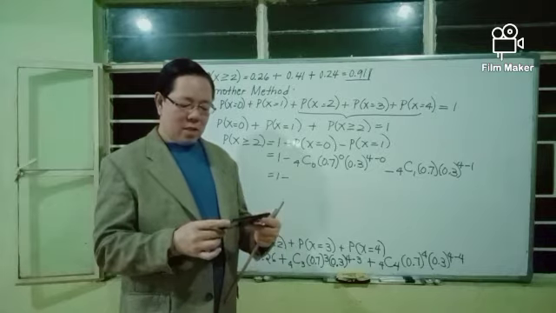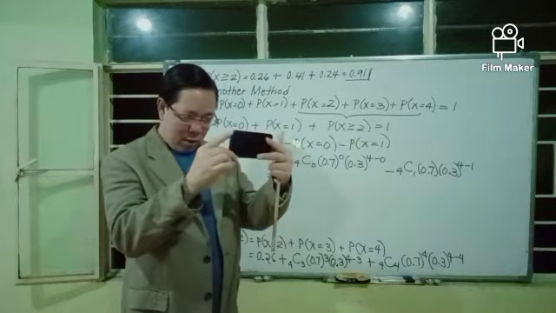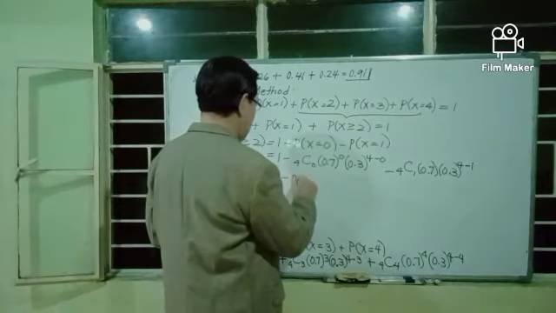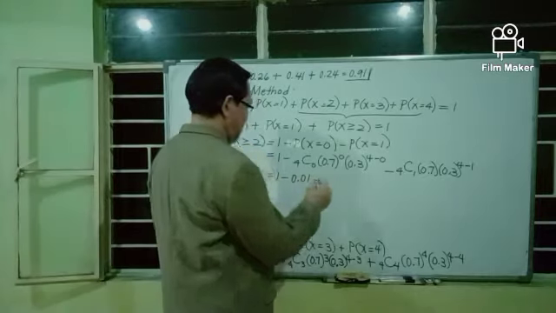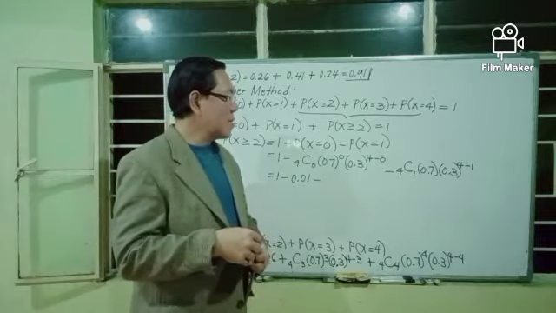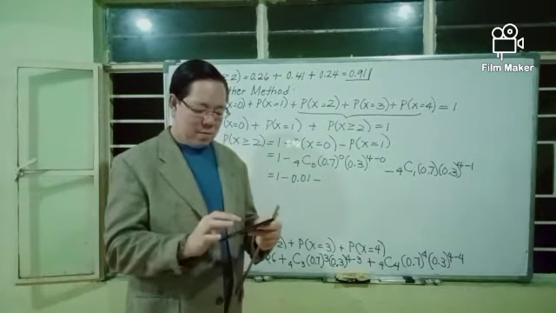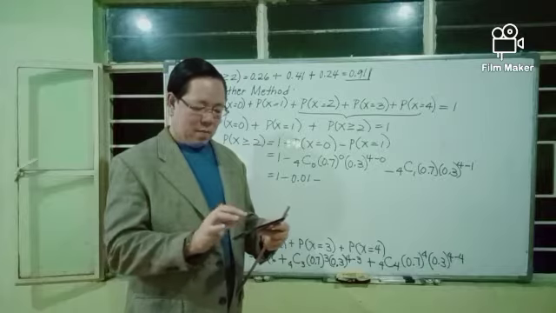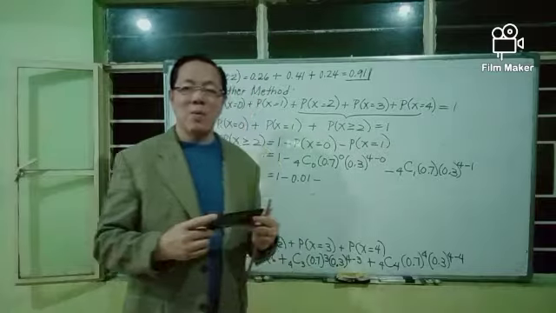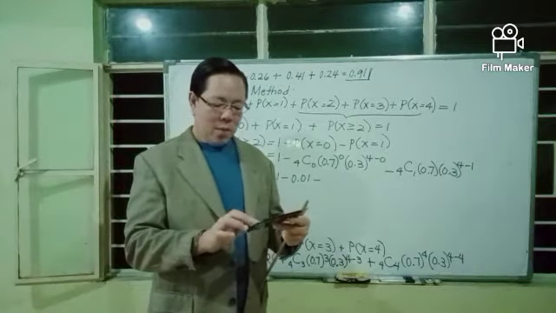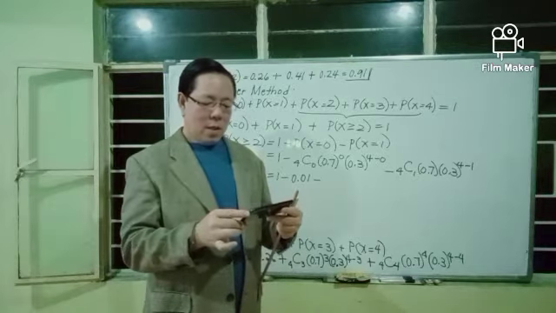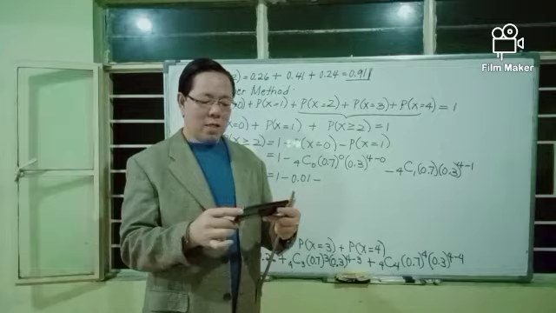To two decimal places, you should get 0.01. And the last term, we have combination of 4 taken 1, multiplied by 0.7, multiplied by 0.3 to the power 3, since 4 minus 1 is 3. And to two decimal places, you should get 0.08.